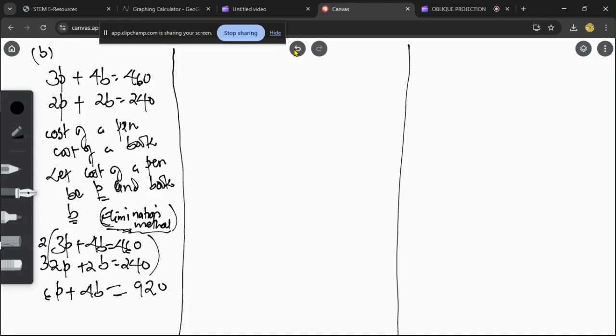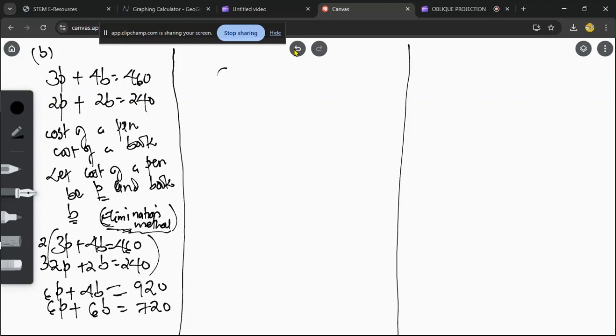Then the second one: 3 multiplied by 2P gives me 6P, plus 3 multiplied by 2B gives me 6B, is equal to 3 multiplied by 240, which is 720.